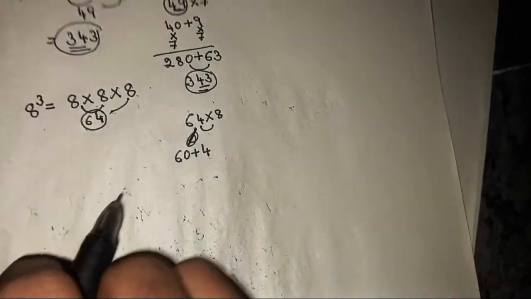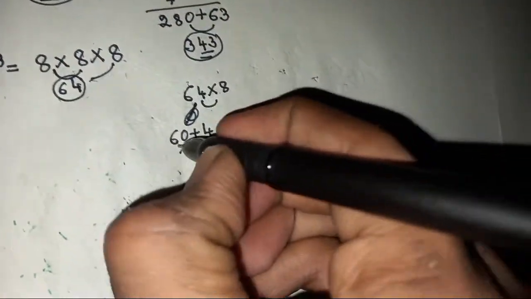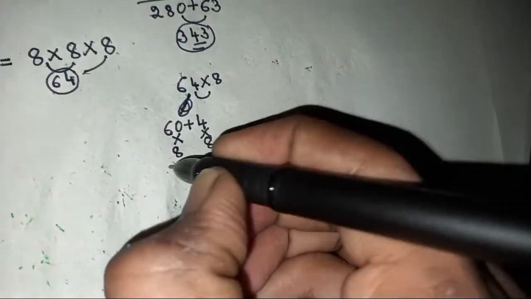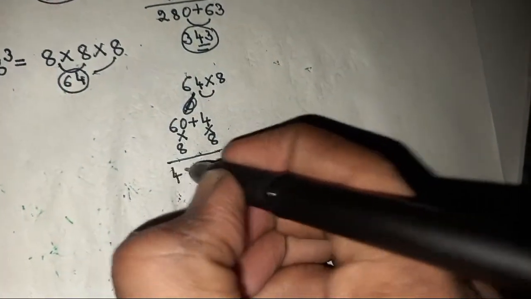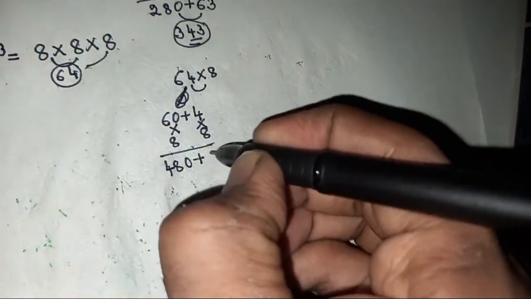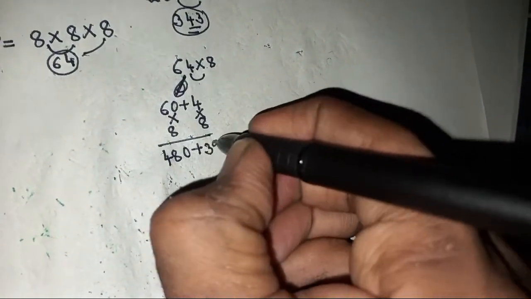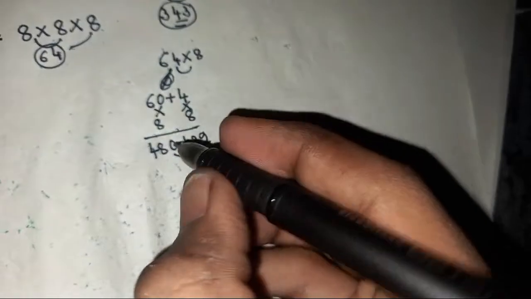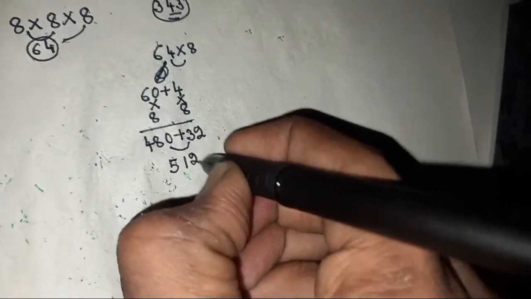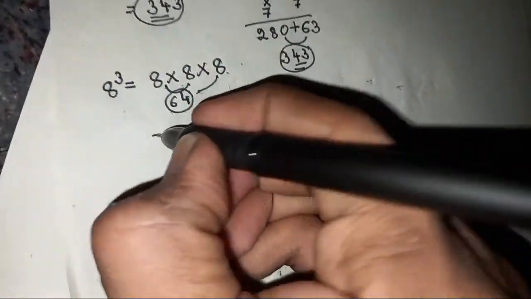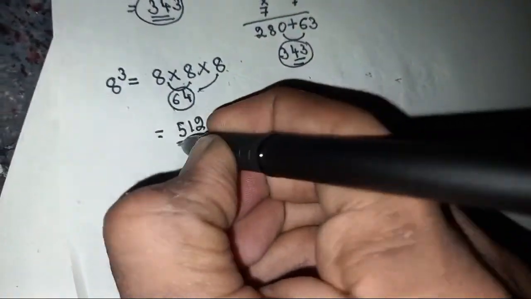The 60 plus 4, you need to multiply 8 on either side. 6 times 8 is 48 and 0. 4 times 8 is 32. 480 plus 32 is going to become 512. So this completely is going to become 512.